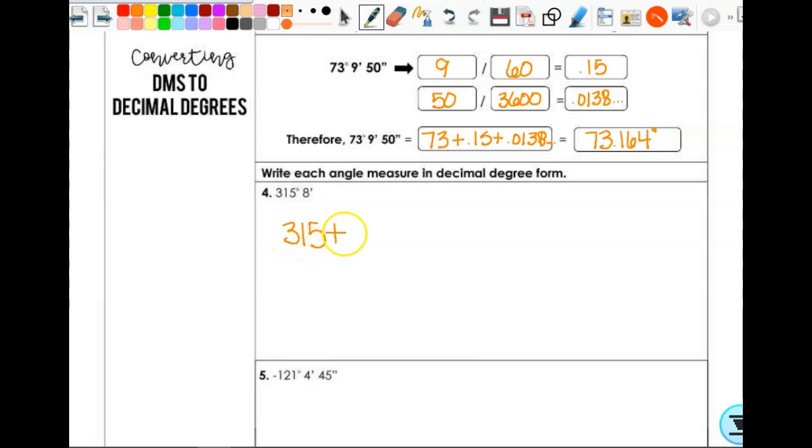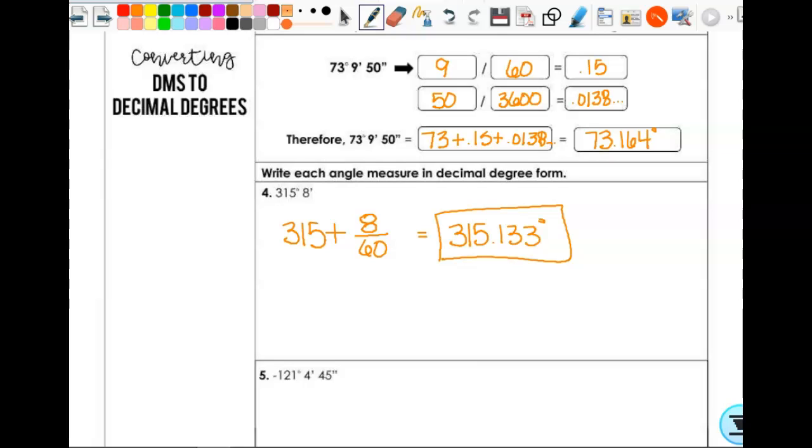I'm going to add to that, well, my minutes become whatever they are over 60, and I don't have any seconds, so you just put that in your calculator like that using that fraction button, and you're good to go. .133. Push the right buttons.